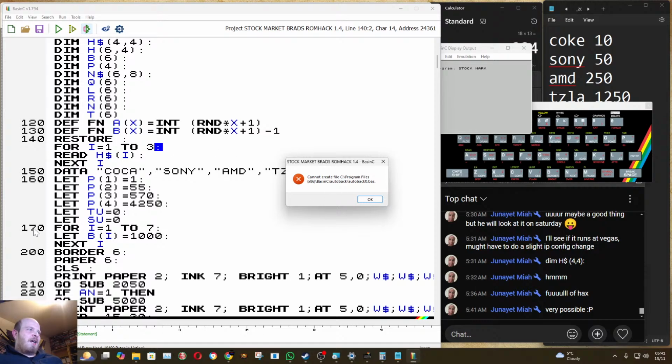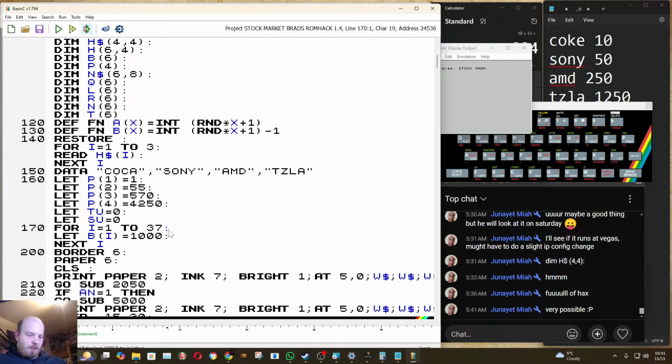So this here, line 170, this would have to be 4. Well, if it was 1 to 3, in fact, it could be 6, I think. Let's make that 6. I know what I'm doing.